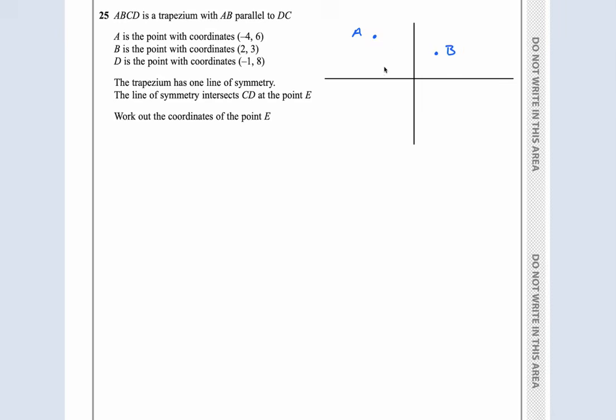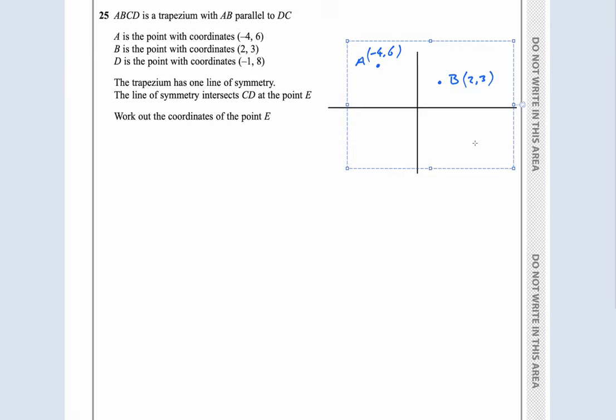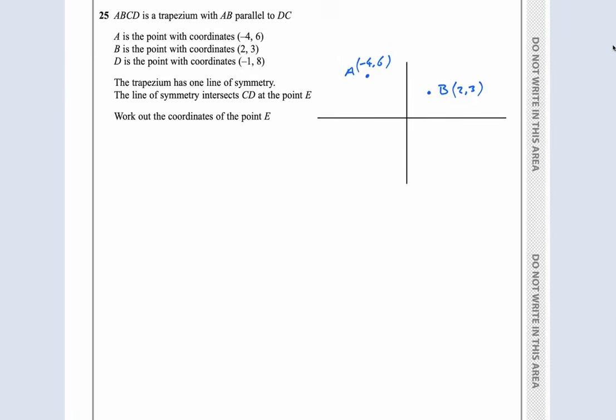That's B. And D is -1, 8. Okay, guys, I've misunderstood this whole thing. -1 here, 8 there. Okay, this is D. -1, 8. I'll just erase this like so.